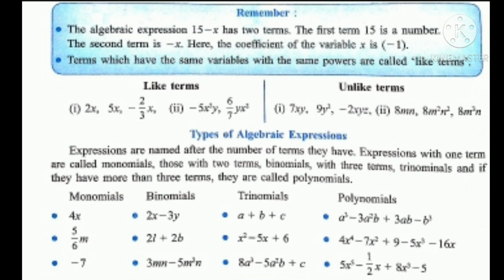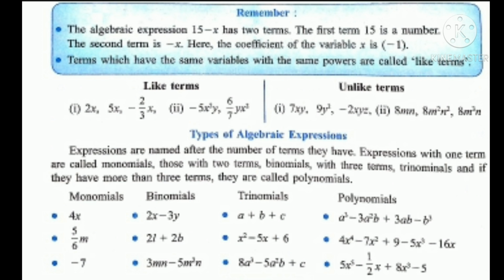And if three terms are there, it will be called a trinomial: a plus b plus c. As you can see, three terms are there, so trinomial. One more example, x square minus 5x plus 6. You can see three terms are being used, so it is called a trinomial.